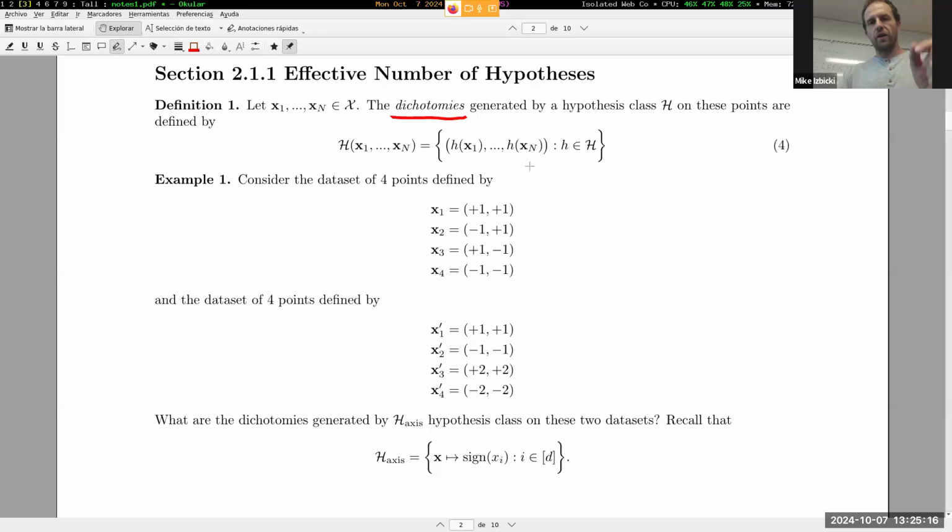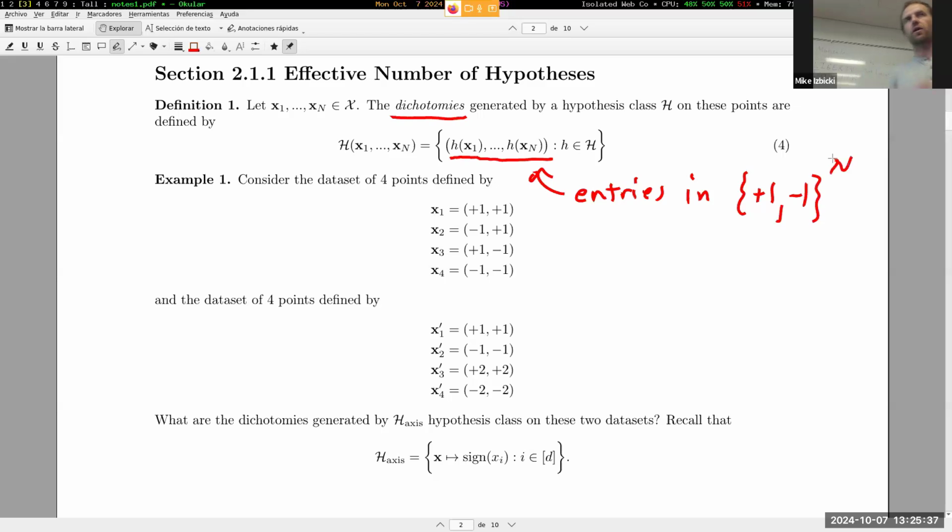Again, though, the things to keep in mind here are the entries, the things that are inside of our dichotomy. A dichotomy is a set, so the elements of a dichotomy are entries in +1, -1, raised to the n power. All the other sets that we've seen before have had a different structure than this. This is a little bit confusing.